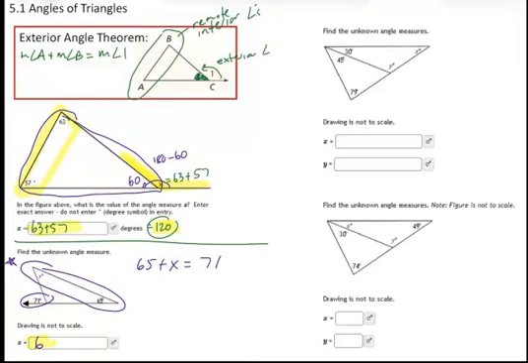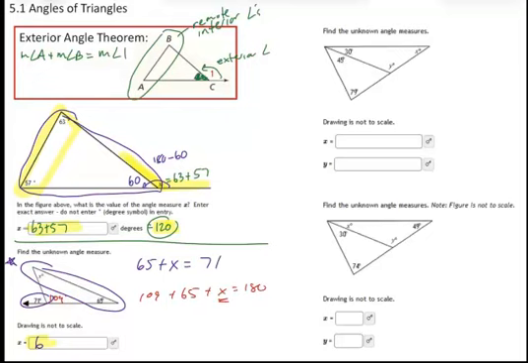Now, again, not everyone's going to remember this when it comes time to answer this question on a quiz or a test. What is likely going to happen is you might see 71 and think, well, this linear pair is 109. If we use triangle sum, then 109 plus 65 plus x equals 180.